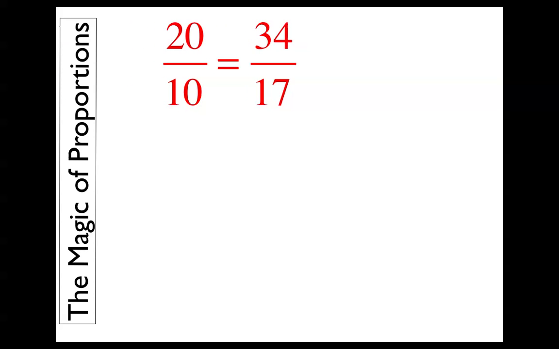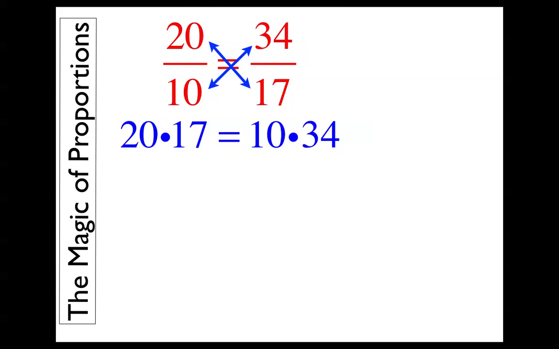Okay, next. Proportions are kind of magical, and I want to show you something kind of cool. Let's say you took that same proportion, which we did decide was proportional. These 2 ratios do equal each other. And let's say you took the diagonal numbers, 20 and 17, and the other 2 diagonals, 10 and 34, let's say you multiplied those pairs.